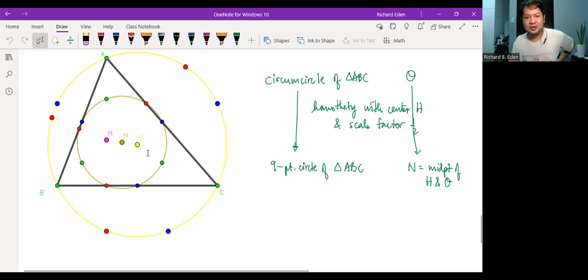So on the Euler line, we know that there are 4 points that are special to the triangle: the orthocenter, the circumcenter, the centroid, and the center of the 9-point circle.